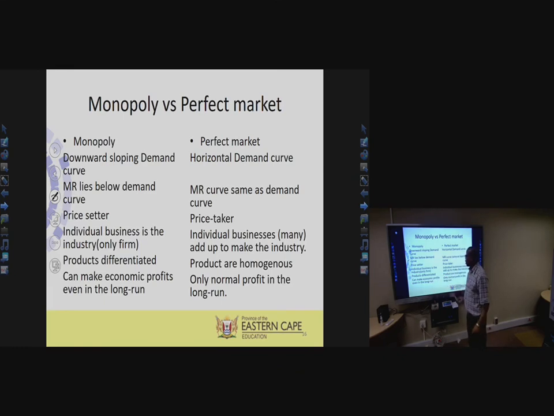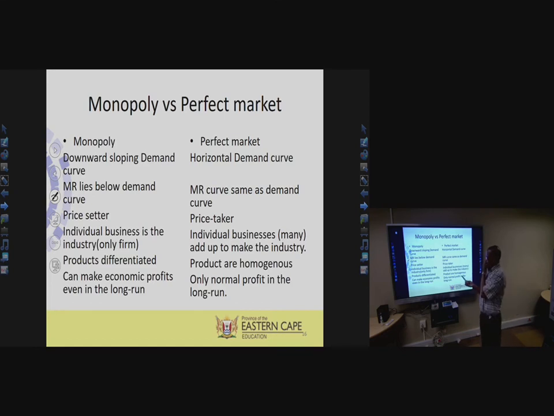But with monopolies, one will remember that there are no other firms which can get into this industry, because we've said there are protections in the form of patent rights, legal requirements, the huge capital which is needed, and licenses.